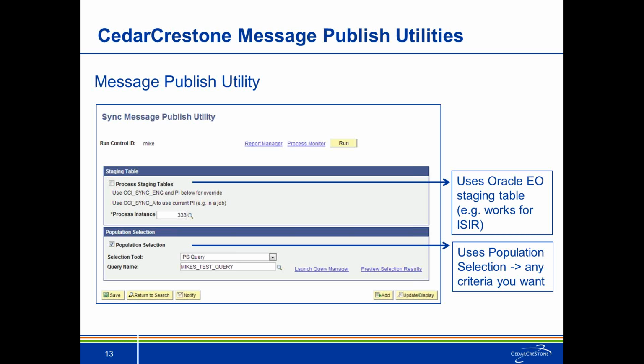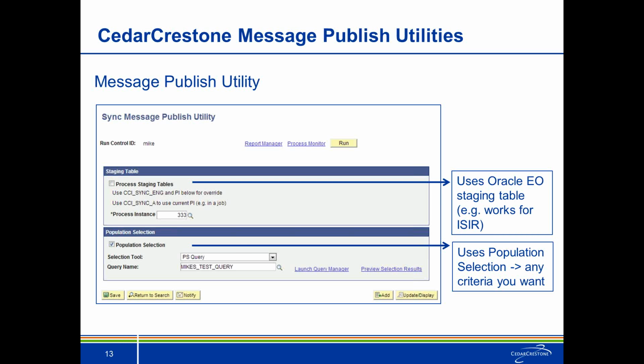So what's been a nice surprise at a number of customers that I helped is that they didn't have any change. They just had to run this program instead of the delivered EO program. They didn't have to change their SQR at all. With ICER, there's no change to ICER. You just put this in the job and it'll run. So that's the staging table, our first real heavy-use message publish utility.